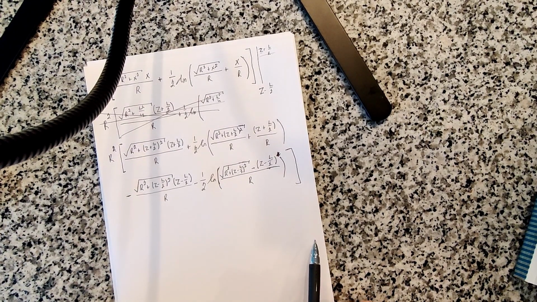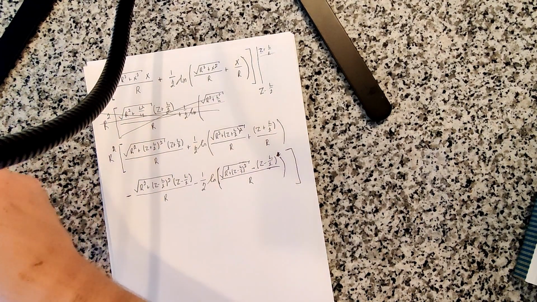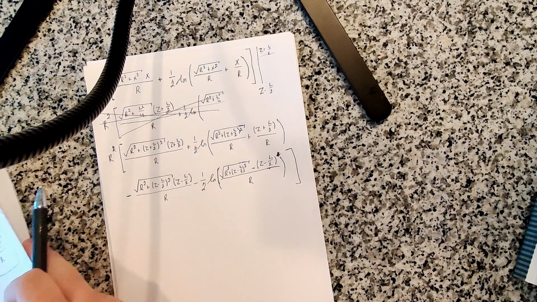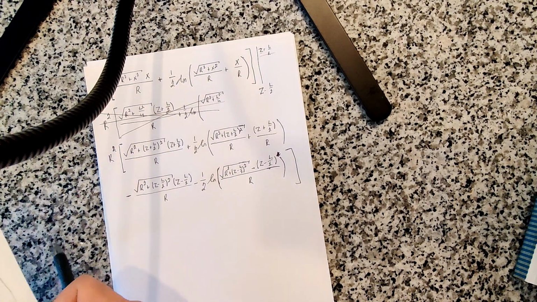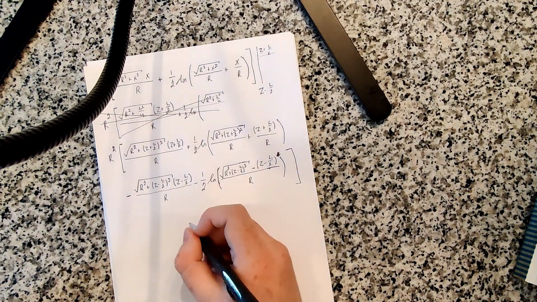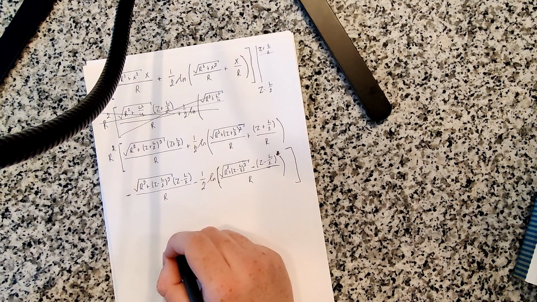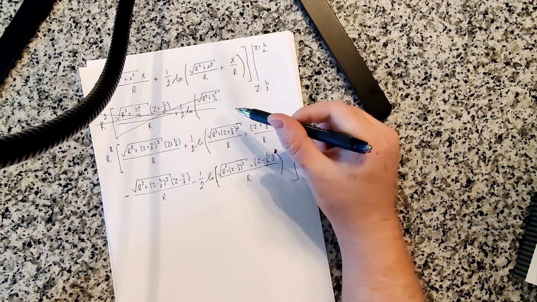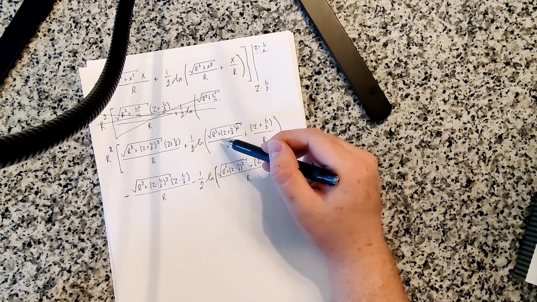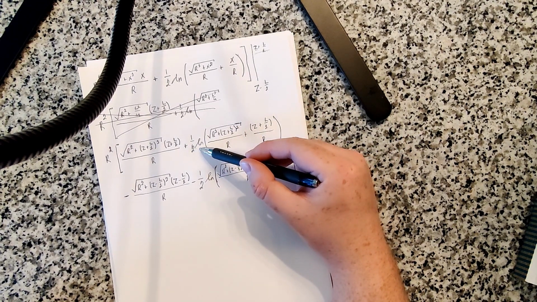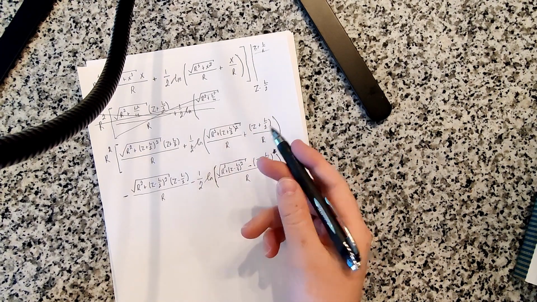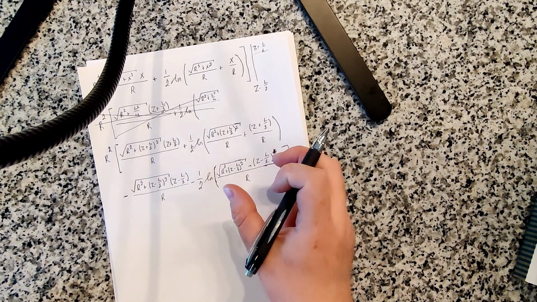The real question is, how can we simplify this? I'm taking a look at some of my notes from when I previously tried to do this, but I did them wrong initially. So when you have a positive natural log minus a natural log, that can be combined into a single natural logarithm.